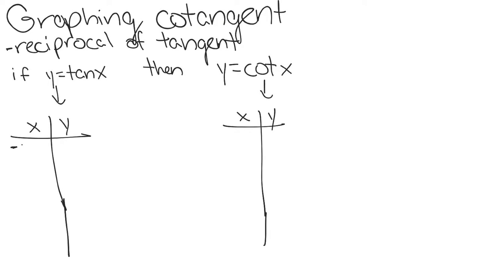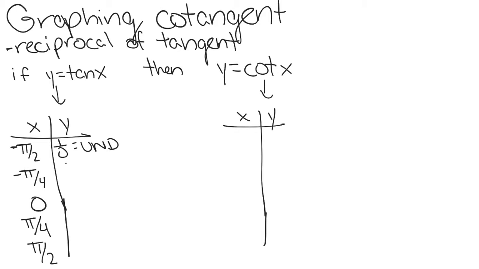So we looked at negative pi over 2 to pi over 2. Zero's in the middle, negative pi over 4, then pi over 4. Once again, these are all equally spaced, same as tangent. They're just different numbers and different radians. At negative pi over 2, we get 1 over 0, which is undefined.